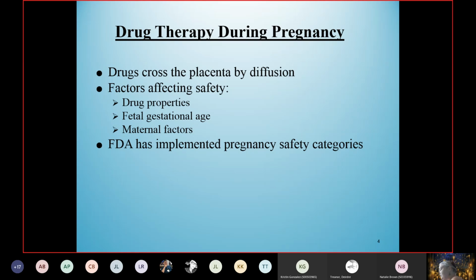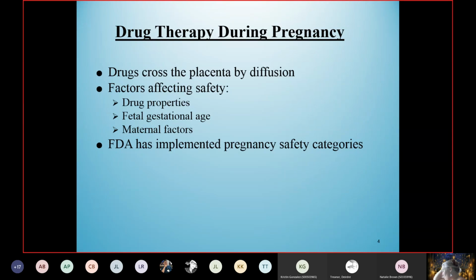Other maternal factors are any changes in the mother's physiology, like kidney or liver function, and genotype affecting how drugs are metabolized. Exposure of the fetus to drugs is most detrimental in the first trimester. And drug transfer is most likely to happen in the last trimester. Okay. A lot of times the potential for harm outweighs the risk.